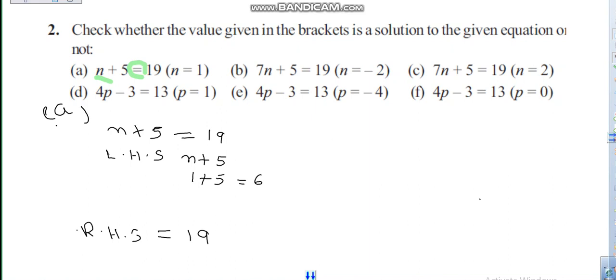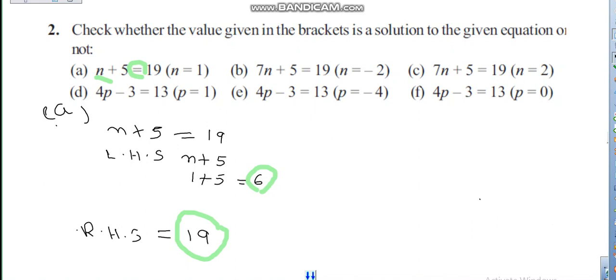Now match the answer of the left hand side and the right hand side. Here the left hand side answer is 6 and the right hand side answer is 19. Are these values matched? No. The answer is different. That means n is equal to 1 is not a solution of the given equation.